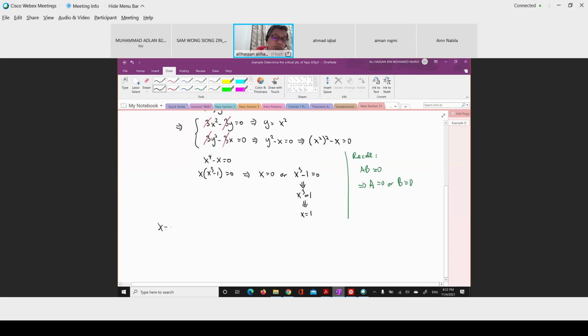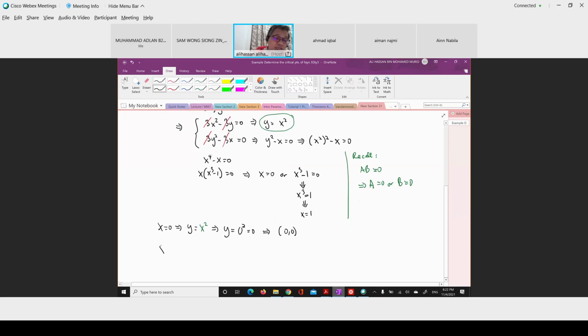So when x equal to 0, what is the y? We use this equation here, y equal to x squared, which implies y equal to 0 squared equal to 0. So one critical point is (0, 0).